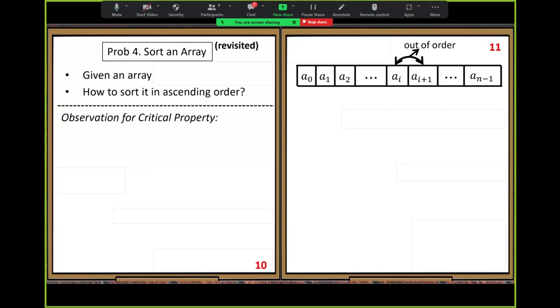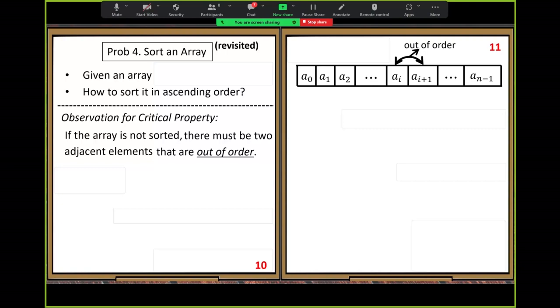So, if the array is not sorted, let's assume an array is not sorted, then there must be two adjacent elements that are out of order. Can you see that?